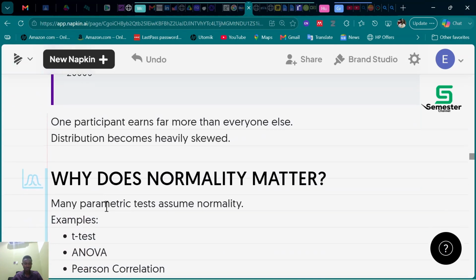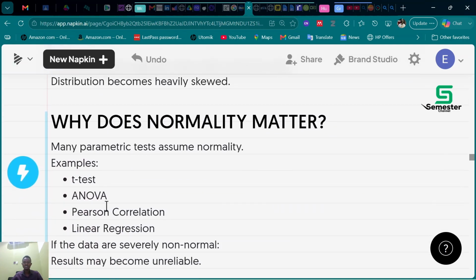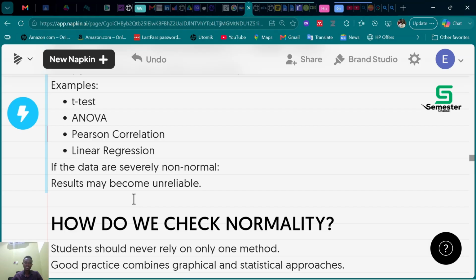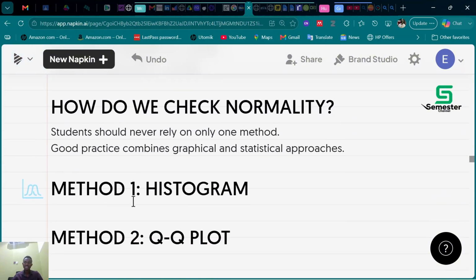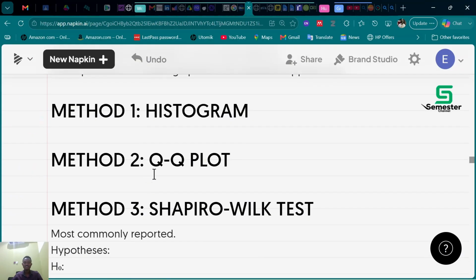Now, why does normality matter? If the data is not normally distributed, results may become unreliable. This has been stated already, and so you have to check normality. Earlier, I showed you that a histogram can be used to check for normality. There's another one called the QQ plot, which could also show you whether your data is skewed or not.